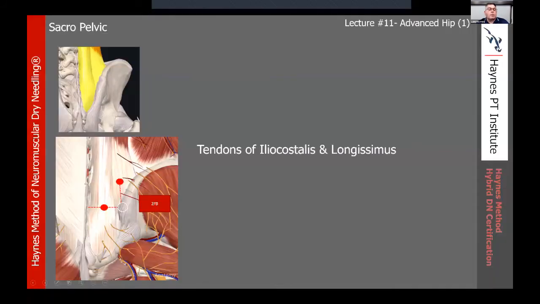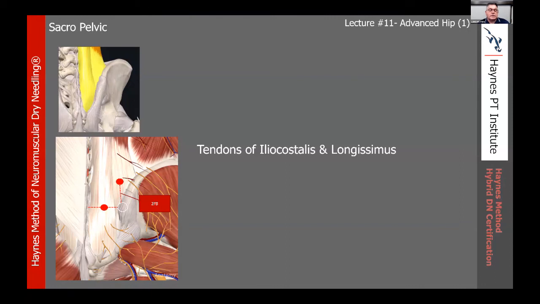Okay, then we'll come up more proximally, the tendons of iliocostalis and longissimus. As you can see in the yellow piece, they really come down beneath the thoracolumbar fascia to create a single band of tendon as they're coming down.